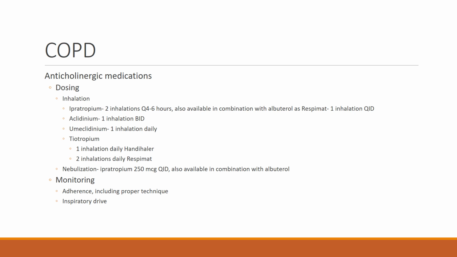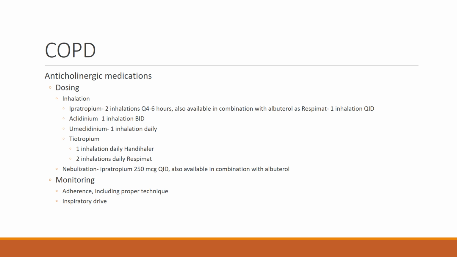That's in combo with albuterol, so albuterol and ipratropium together in 1 Respimat. It's 1 inhalation 4 times a day. And we'll see that a lot, obviously, as patients progress. Maybe they start just on albuterol or just on ipratropium, but more often than not, you see them on that combination. The combination product is 1 inhalation 4 times a day, which again is more convenient than 2 puffs.